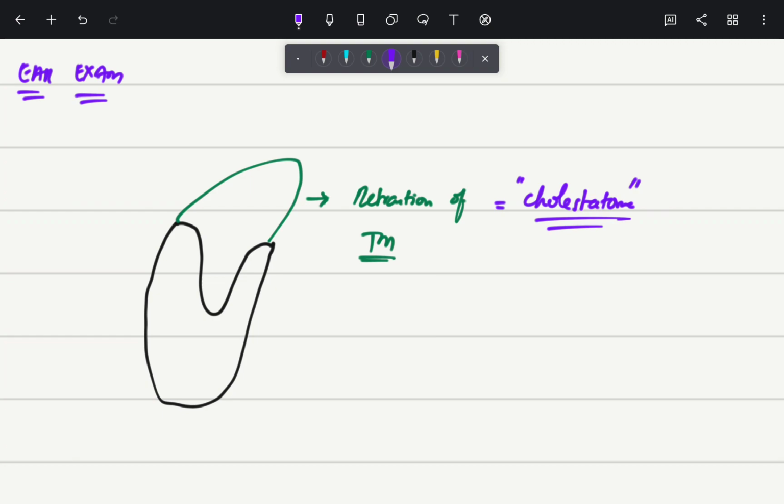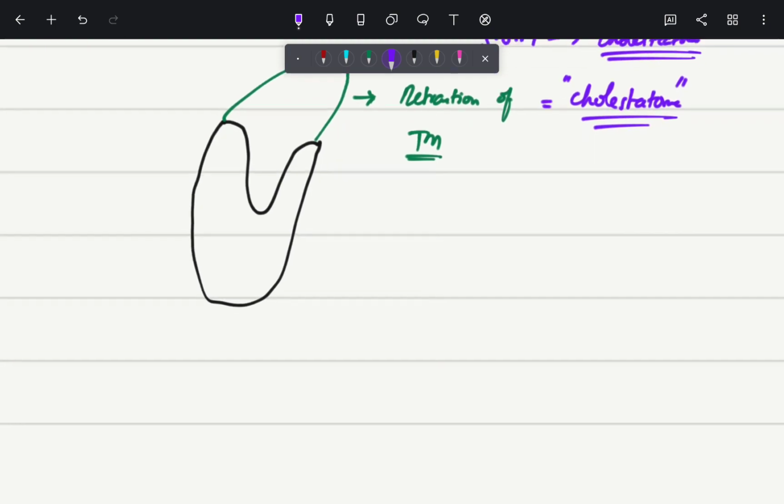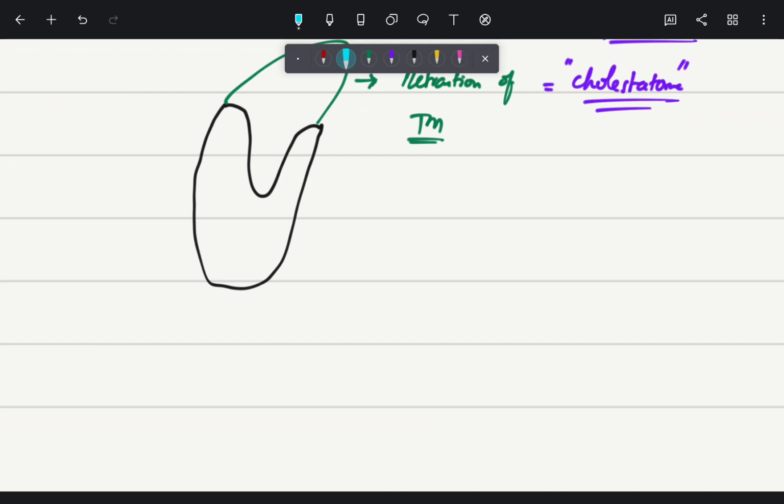I already talked about cholesteatoma in my previous video. So serous otitis media, chronically, can lead to cholesteatoma. Please watch it and come here. So there will be retraction of the tympanic membrane, and not only that, you can see a lot of air bubbles in these patients. Those are the findings that you will see on ear examination.